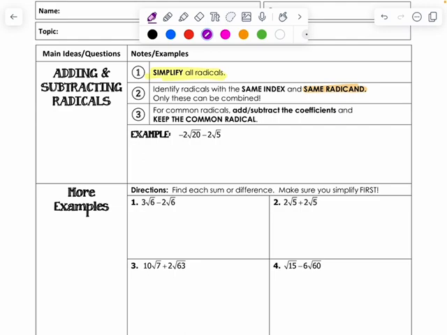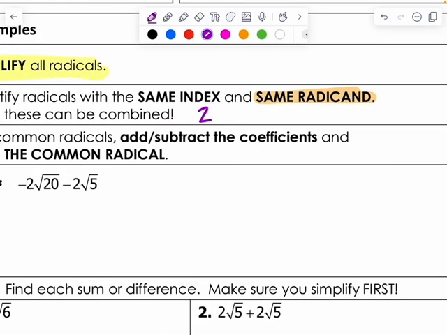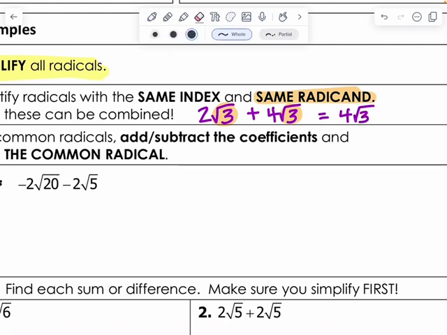For example, if we have 2 radical 3 plus 4 radical 3, notice how we have the same radical, square root of 3. So we can add 2 radical 3 plus 4 radical 3 to get us 6 radical 3.